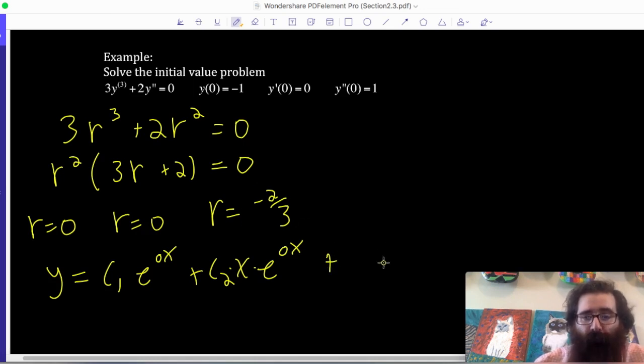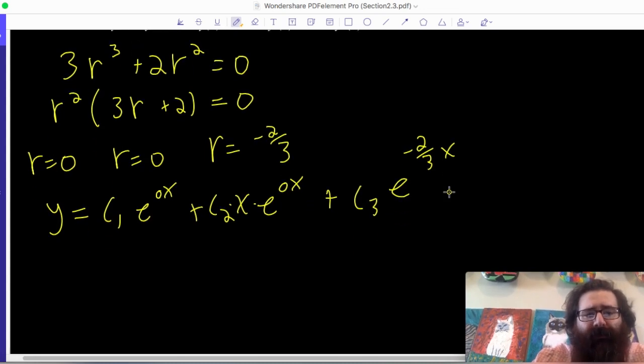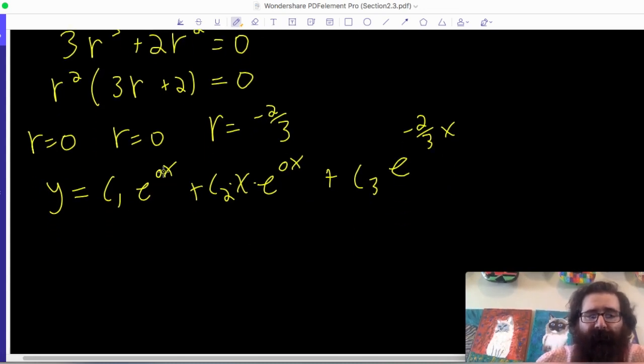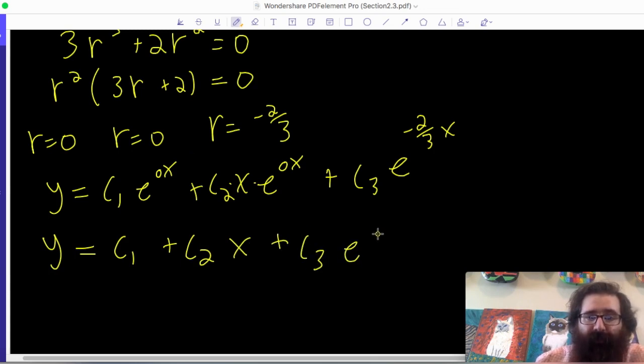And then I have a different root, so I just go back to what I was normally doing, and I can write c sub 3 e to the negative 2/3 x. And to clean this up, since e to the 0x is e to the 0, which is just 1, we get y equals c sub 1 plus c sub 2 times x plus c sub 3 times e to the negative 2/3 times x.